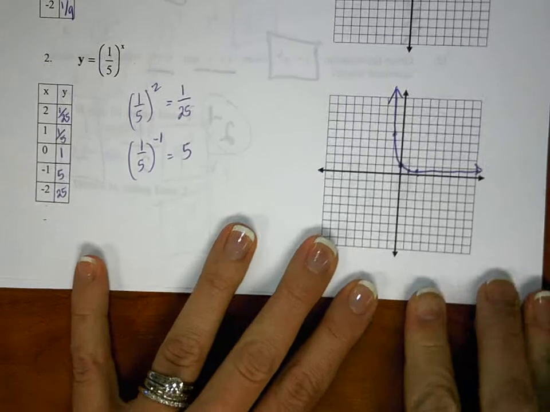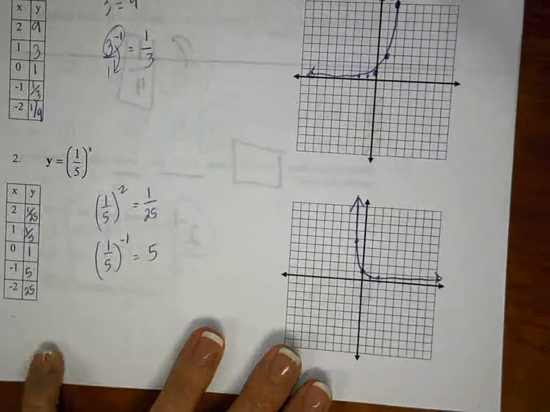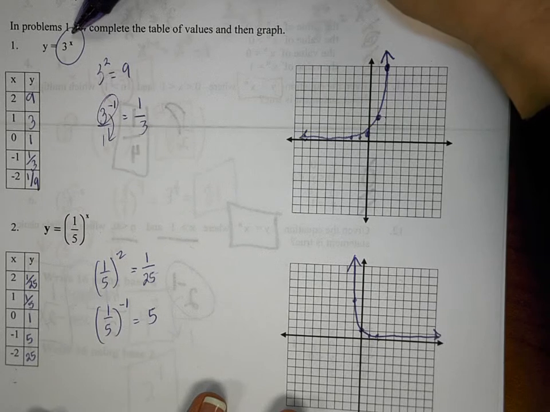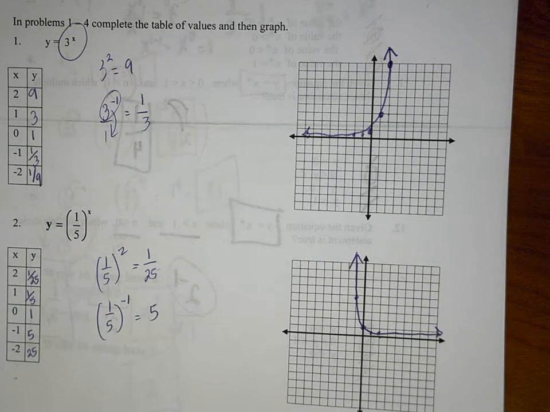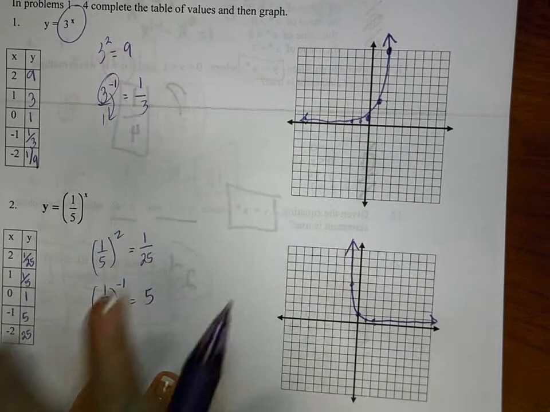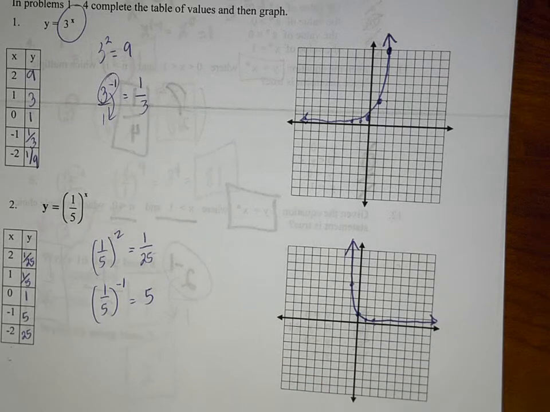So when you're dealing with exponential functions, if you have a whole number here, your graph is facing left. If you have a fraction here, your graph is basically facing to the right. Okay? All right. Questions before we move on?